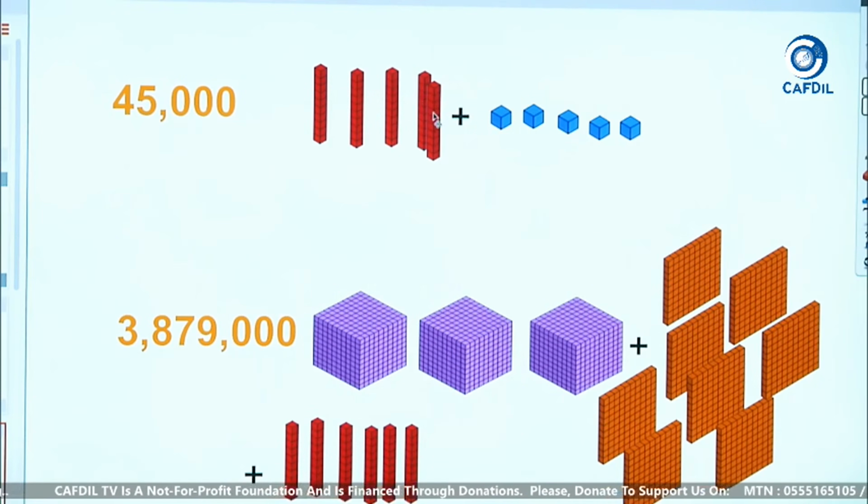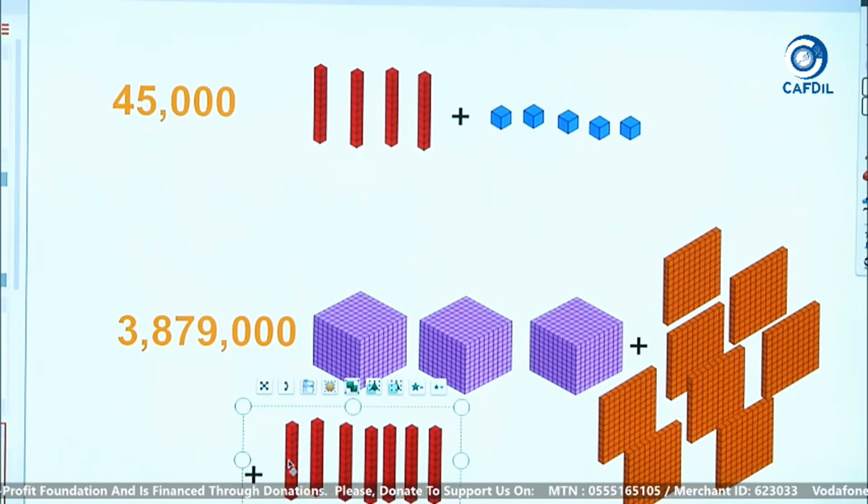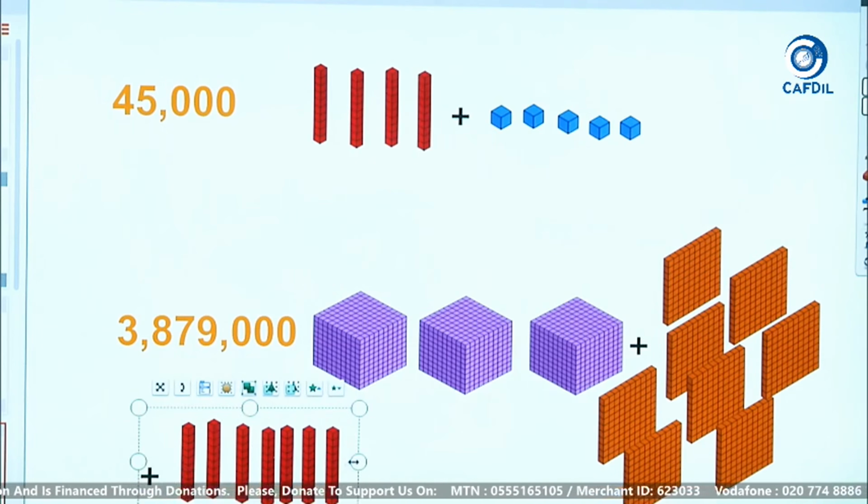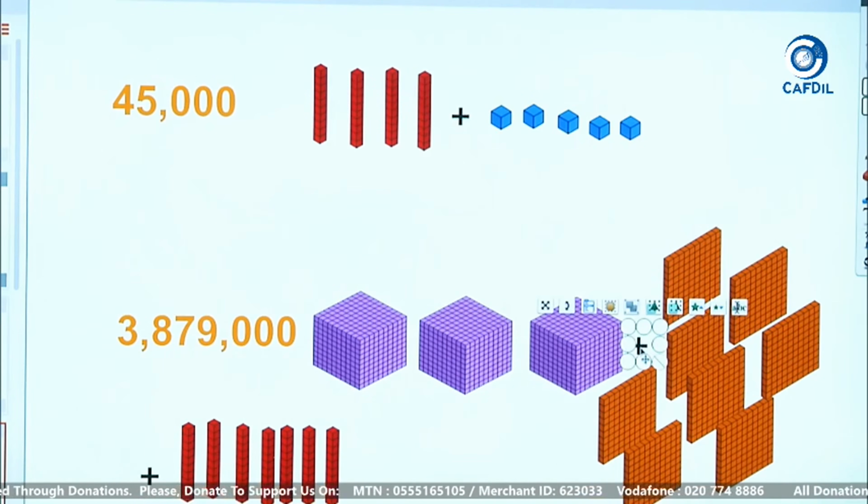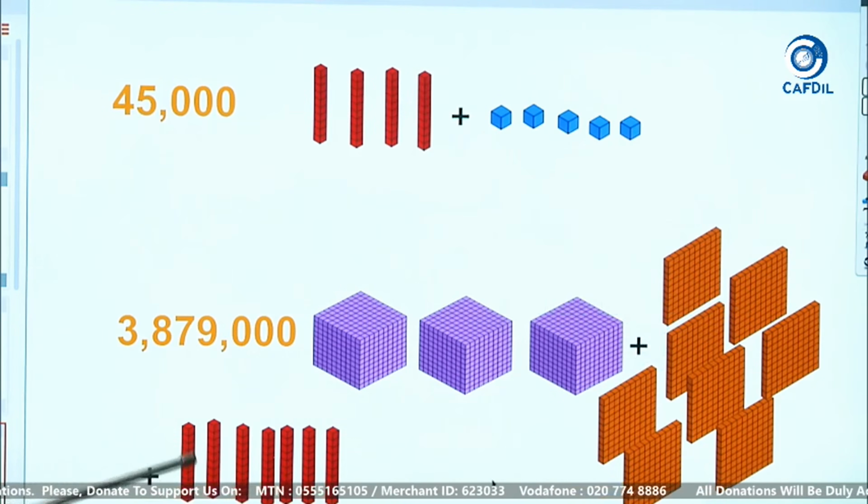We are picking them one by one. Should we count? Let's see if they're up to 7. 1, 2, 3, 4, 5, 6, 7. There we are, our 7 longs.